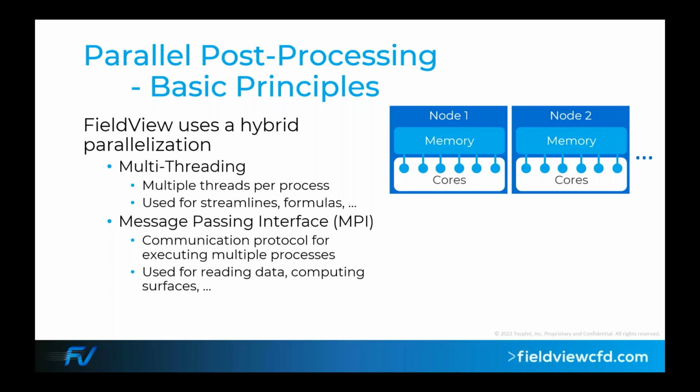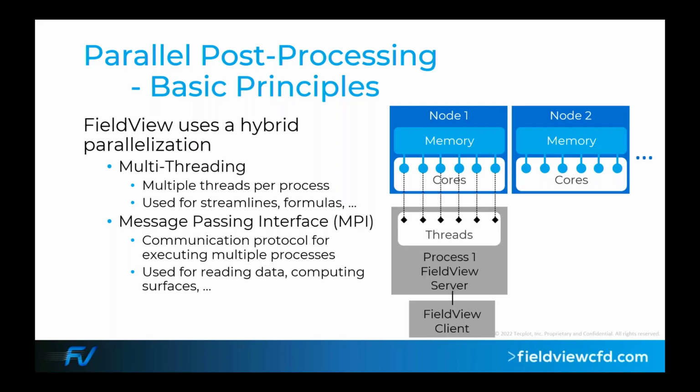So FieldView has two levels of parallelization to take advantage of this architecture. We use a hybrid solution with a mix of multi-threading and MPI, which stands for message passing interface. So we'll start with a description of what we use multi-threading for first. When you run FieldView, for instance, in what we call direct mode, which is really serial, you have only one server process doing all the heavy lifting.